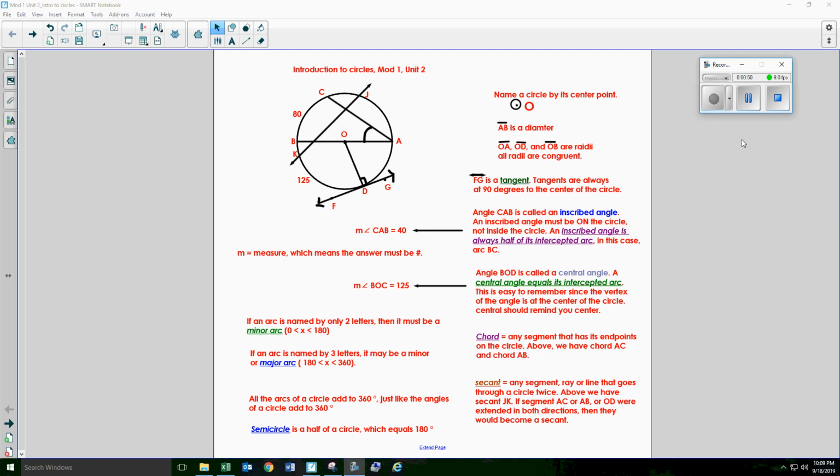Anyway, we're going to review some vocab here. We talked about some of these vocab words already in class prior, but here it's now being officially stated to you. So write down all this vocab along the way.